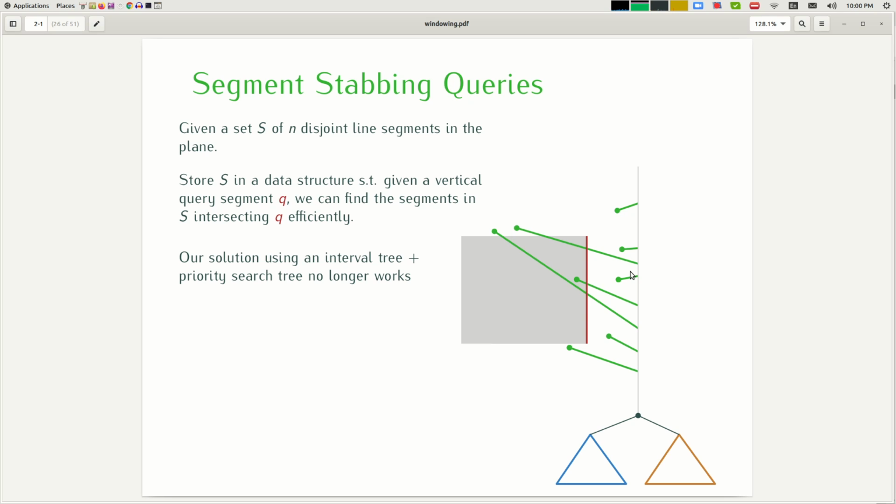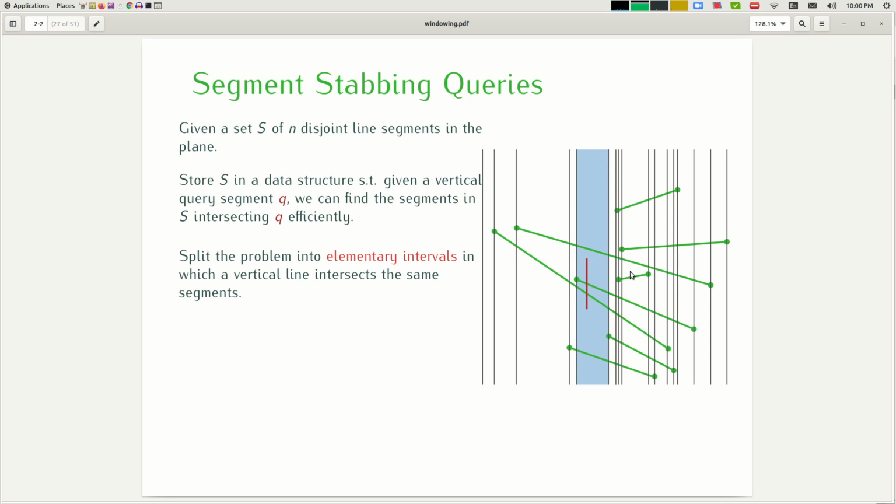The idea here is to build a segment tree, which is very similar to the interval tree, but with very big differences. There are many ways to explain a segment tree, but one way is to look at the notion of elementary intervals and canonical sets. Take a look at the endpoints of the line segments.